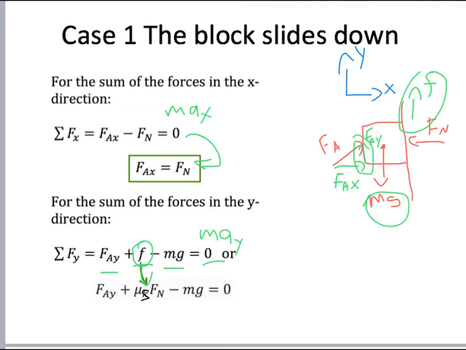Sorry for the typo. Anyway, we've got the vertical component of the applied force, FAY. We've got the friction, mu sub s times the normal force, minus the weight equals 0. And that will let us solve for the normal force.